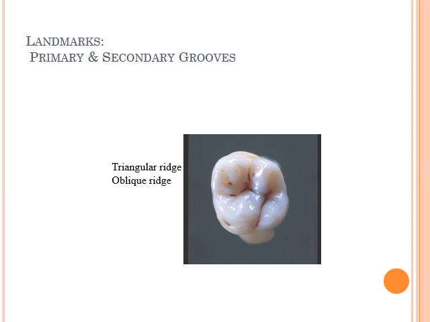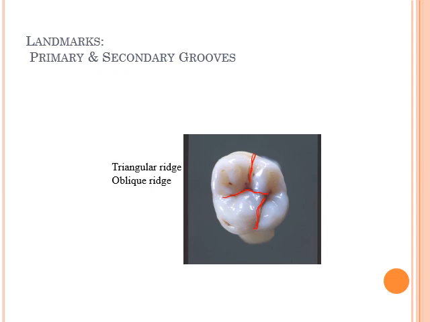So on this image here, you can see the primary grooves. Here's the lingual groove because it's crossing over onto the lingual surface. Here's a buccal primary groove because it is crossing in close to the buccal surface. And then running across the center, we have a central developmental groove.